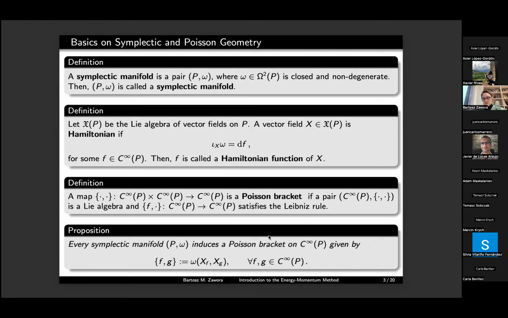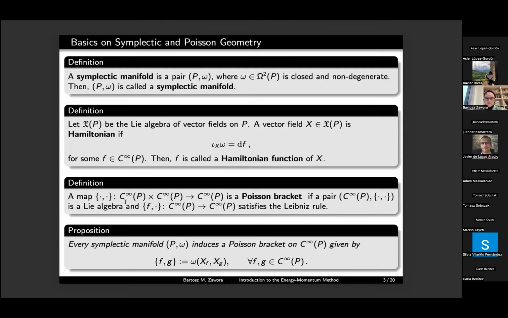Of course, on a symplectic manifold, we can define Hamiltonian vector fields, which are the vector fields X such that the contraction of omega with this vector field is a differential of some function f, and then f is a Hamiltonian function of the vector field X.